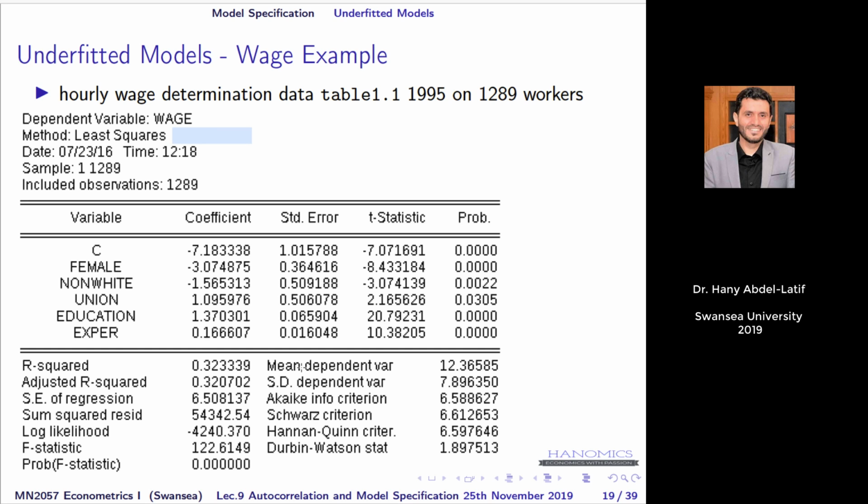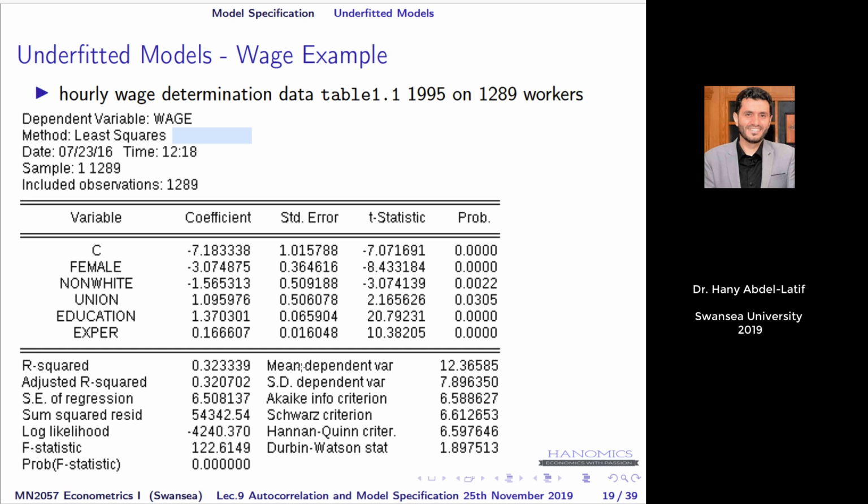So we'll start with this model, where we have data on 1,289 workers in 1995. So this is cross-section data. At one point in time, you have a large number of units, 1,289. These are my units, workers, at one point in time. So there's no time variation really.